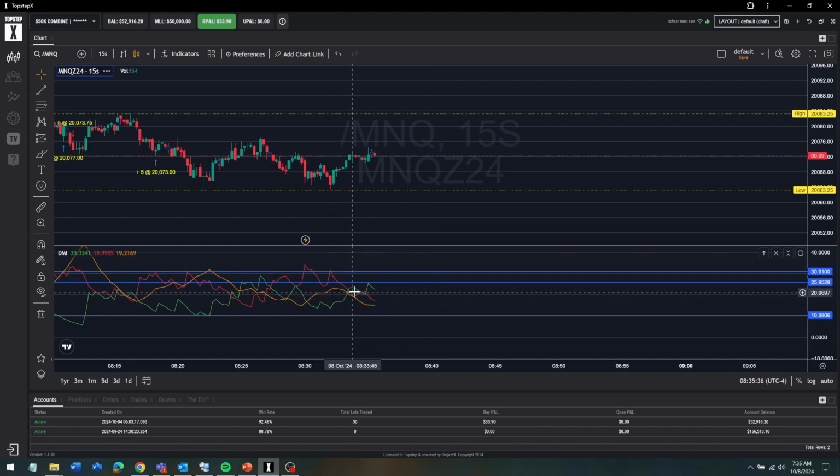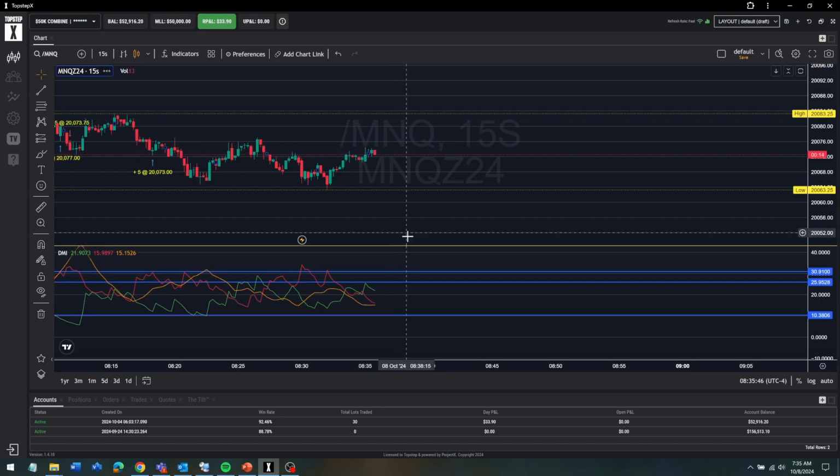It looks like there could be some buy pressure. I'm not going to touch anything until it comes above 25 and possibly close to 30.